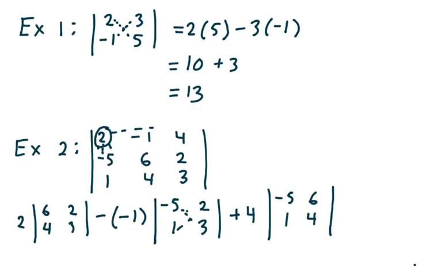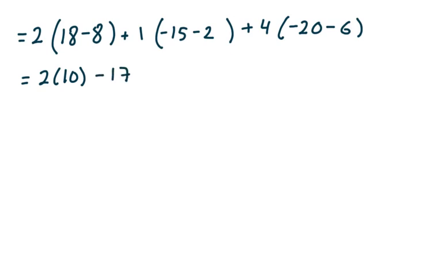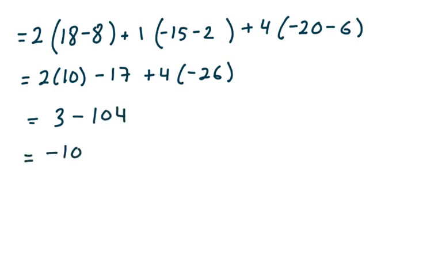And then I'm going to add 4 times negative 20 minus 6. So this is 2 times 10 minus 17 plus 4 times negative 26, which is 3 minus 104, which is negative 101.